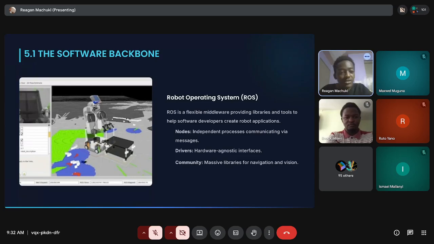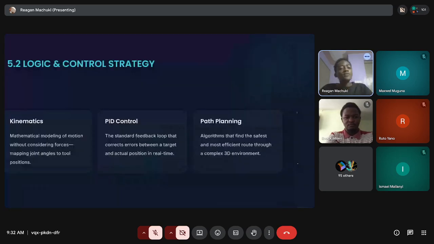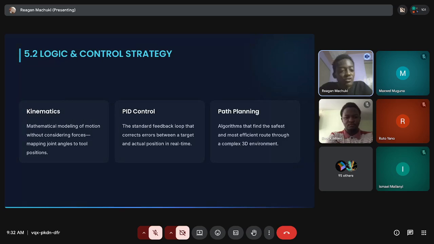And then we have the logic and control strategy. Kinematics is the mathematical modeling of motion without considering forces, mapping joint angles to tool positions. We have PID control, which is the standard feedback loop that corrects errors between a target and actual position in real time.